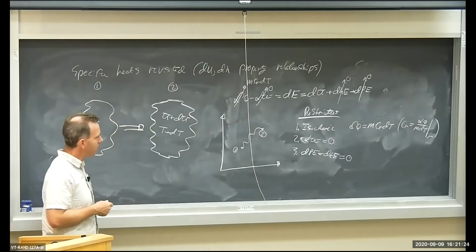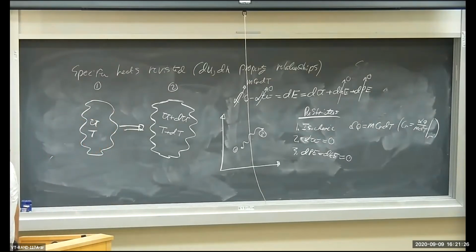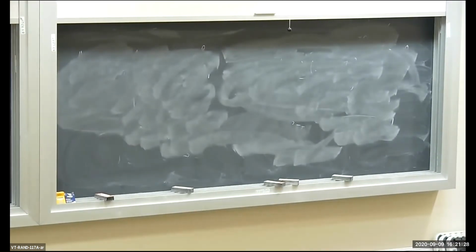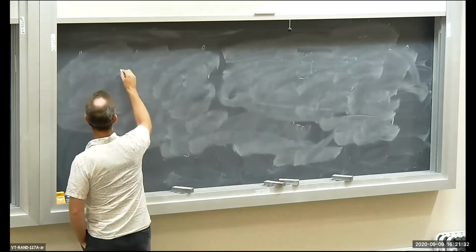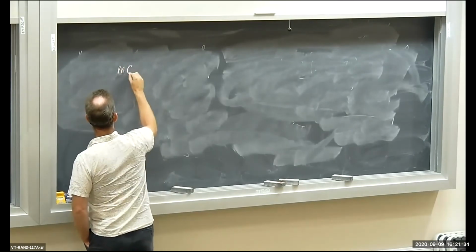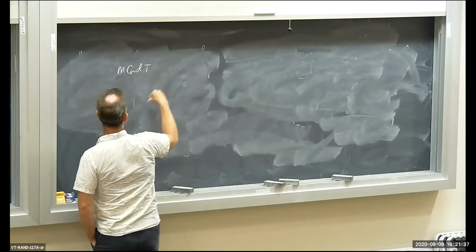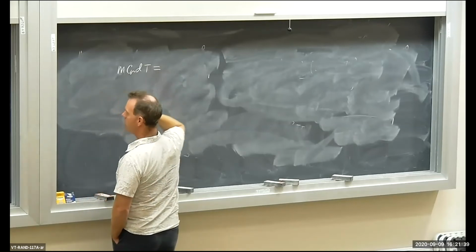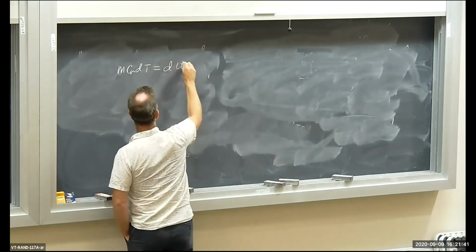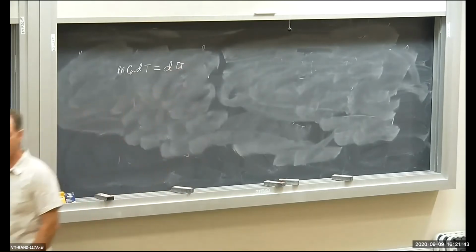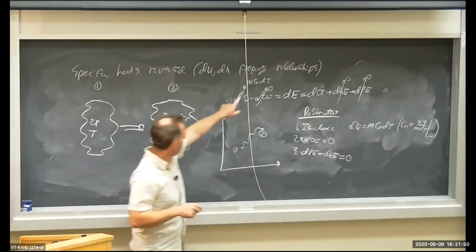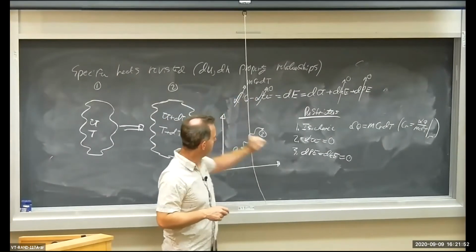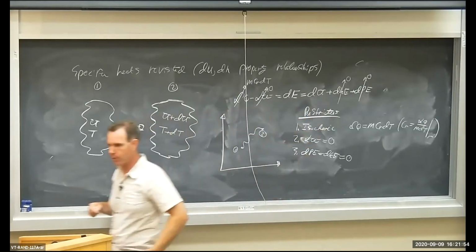All right, let's write what we have left. Del Q, so we have m CV dT is equal to dU. There's nothing left. m CV dT, that's the heat transfer, and I have dU, nothing else left.